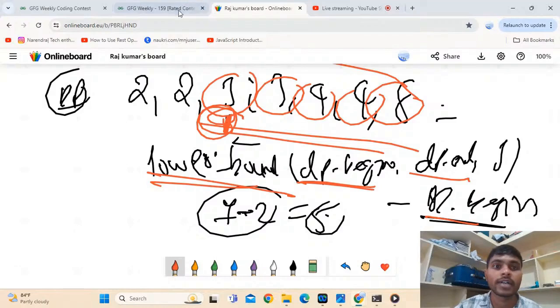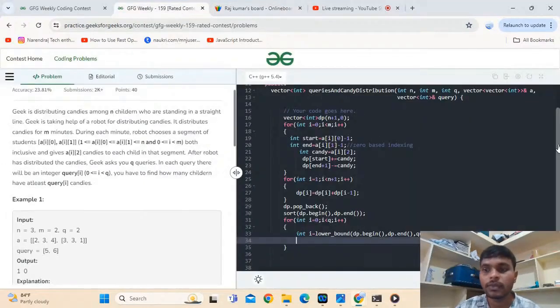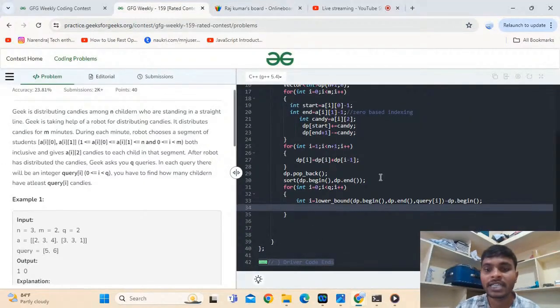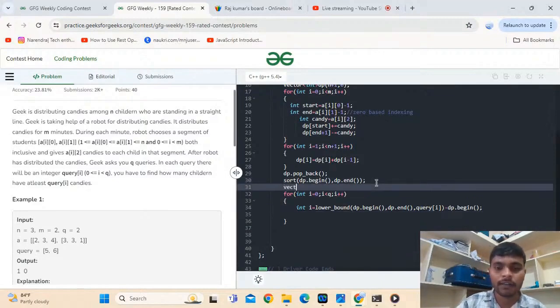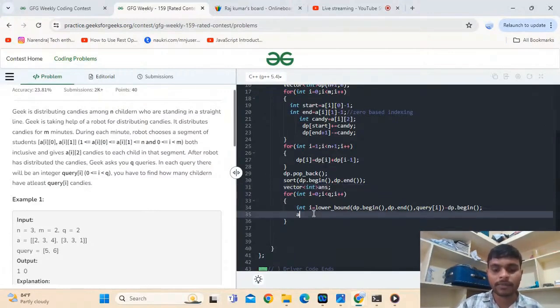Okay, now guys, here I am declaring one answer vector. Now answer dot push back n minus I. Okay guys, here observe.